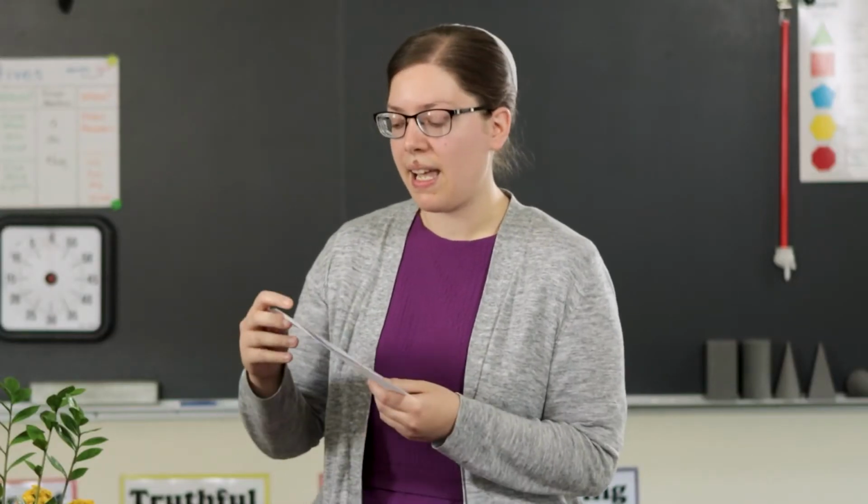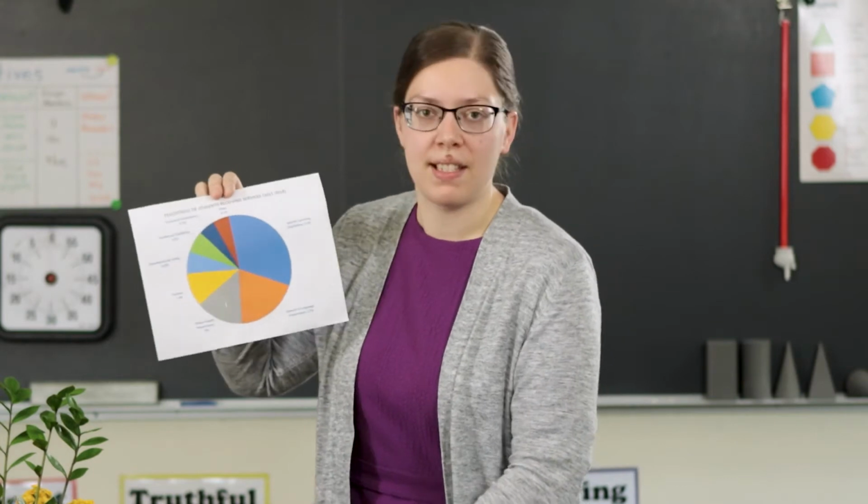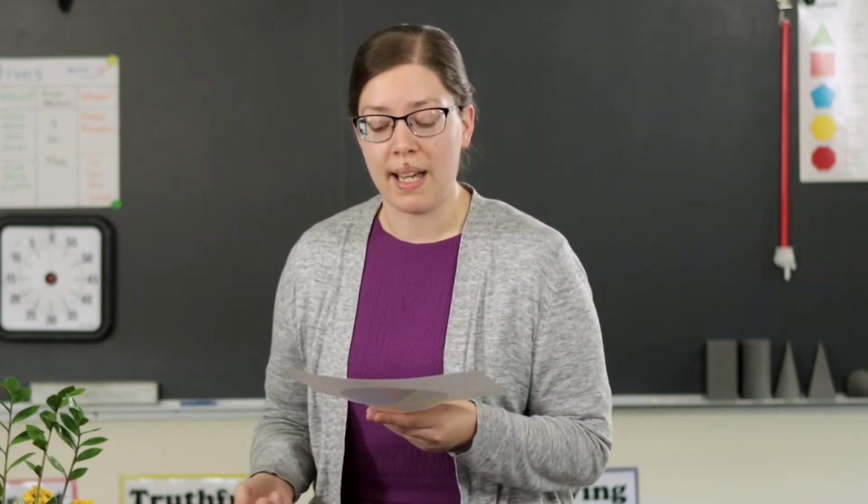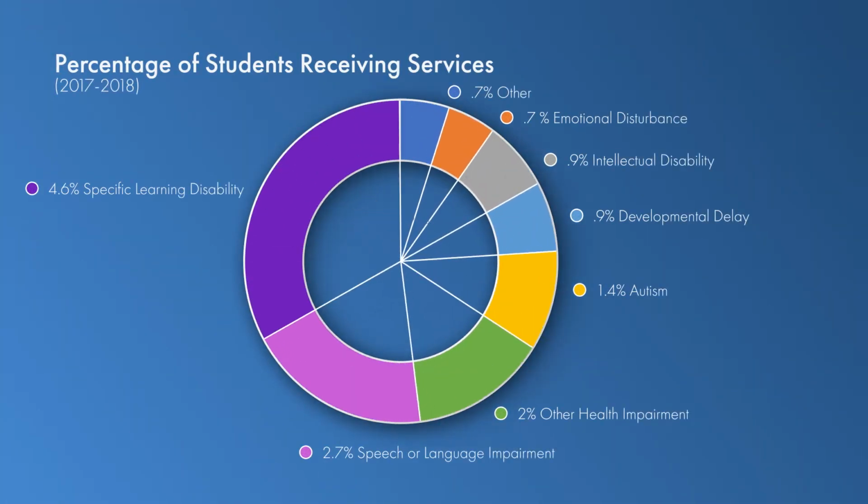I have here a graph showing the percentage of students that are receiving services in 2017 and 2018 in the public school system. If you look at this graph, you will see that the specific learning disabilities category is the largest, with 4.6% of students in public schools receiving services with these kinds of needs.